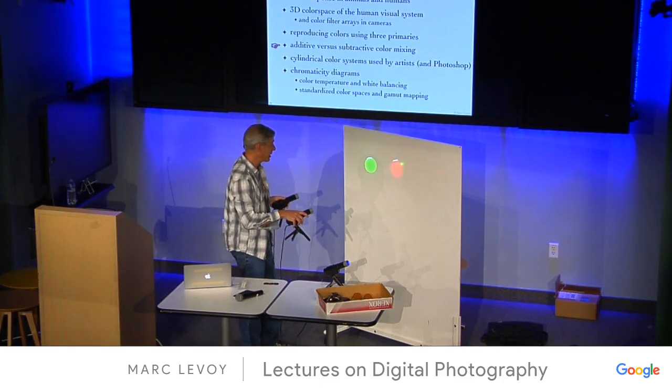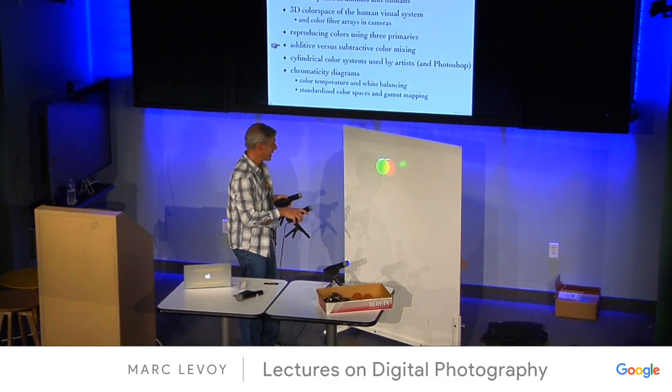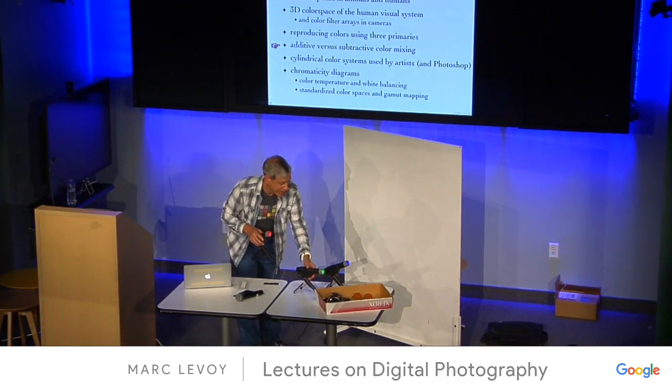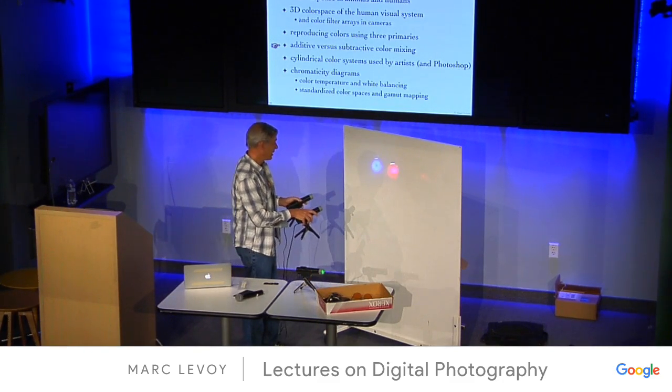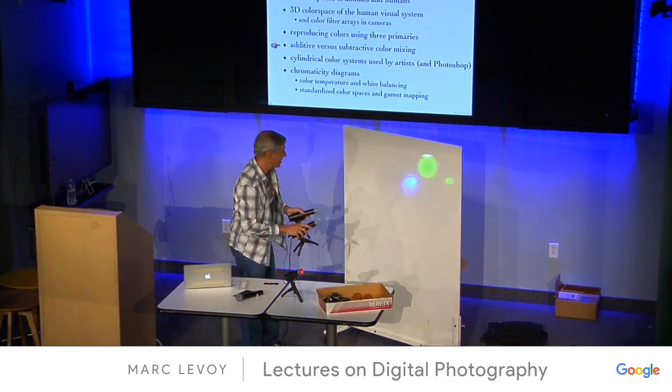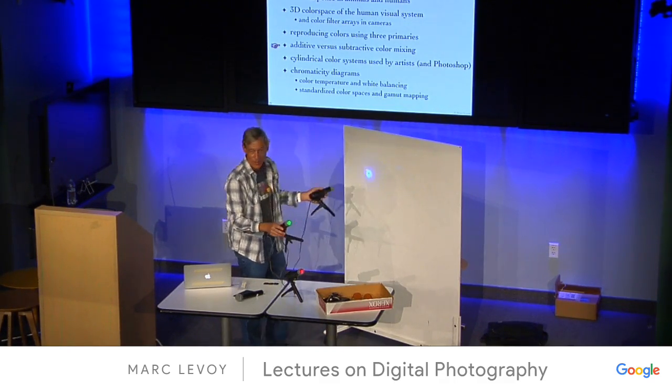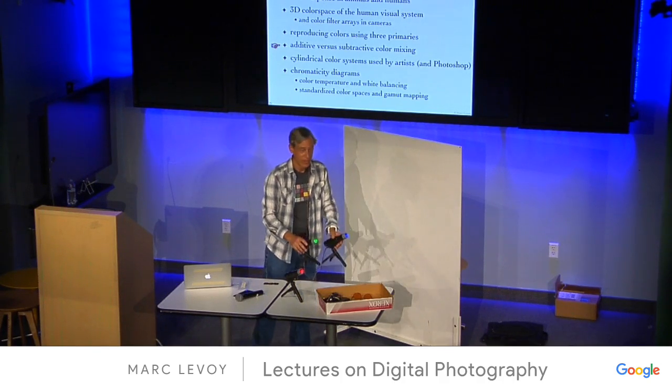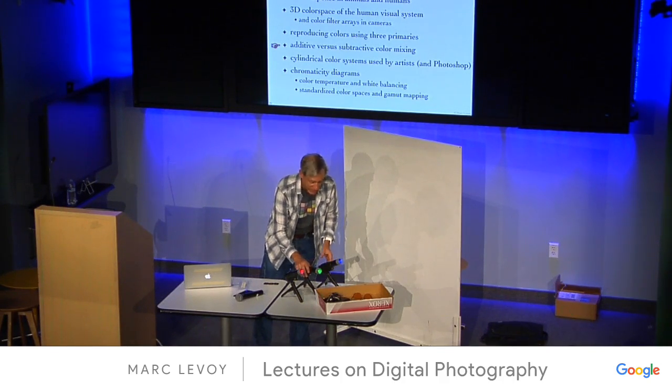Been to the Exploratorium? Yeah, yellow. And if we mix this, we'll get some kind of magenta. And if we mix this, we'll get kind of a cyan. And I can't hold all three of them at once. We'll get white. All right, so you've all been to the Exploratorium.